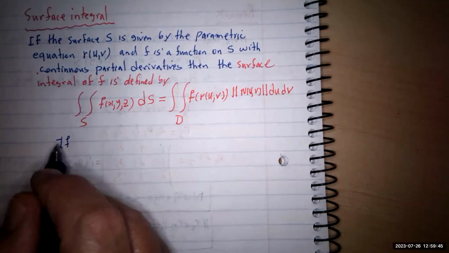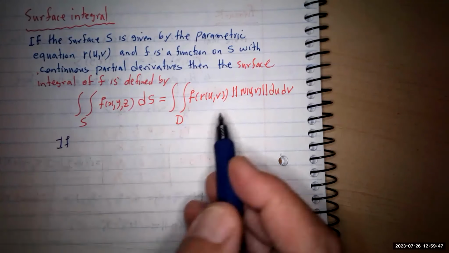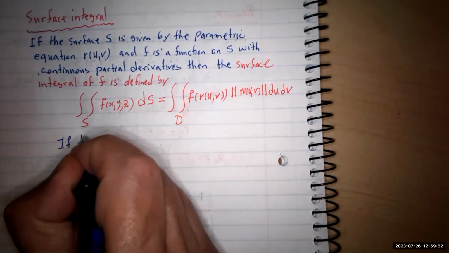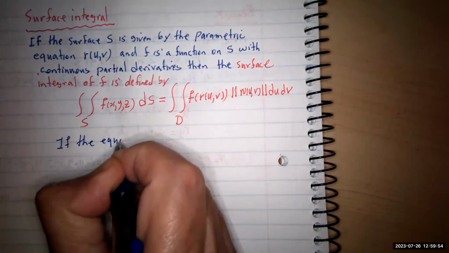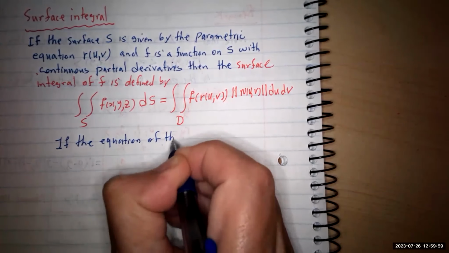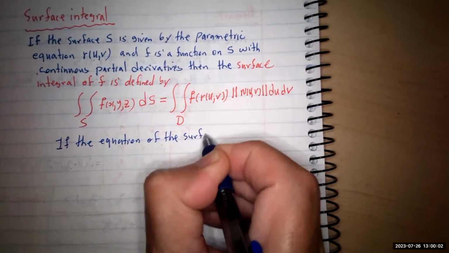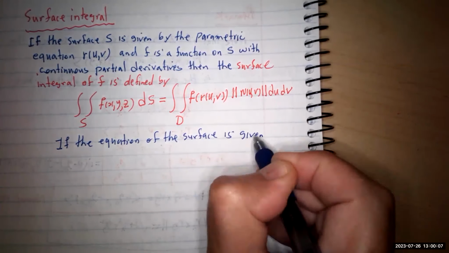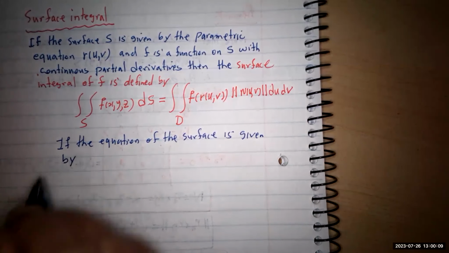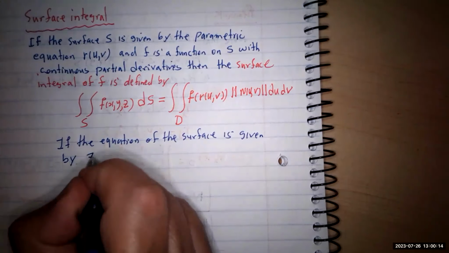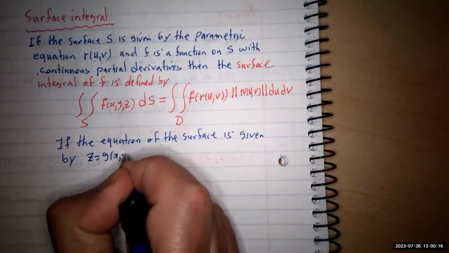So if the equation for the surface is given in the xyz coordinate form, by z equals g of x, y, remember I've already given this one for you.